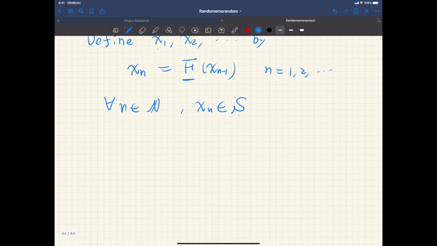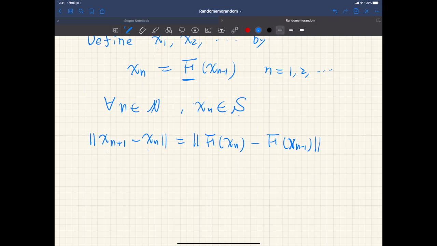Next, we take this difference, xn plus 1 minus xn. By definition, xn plus 1 is f of xn, and xn is f of xn minus 1.